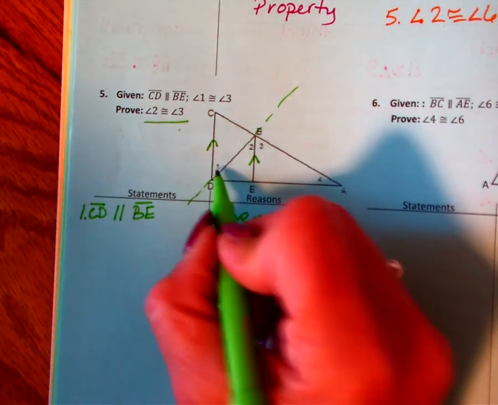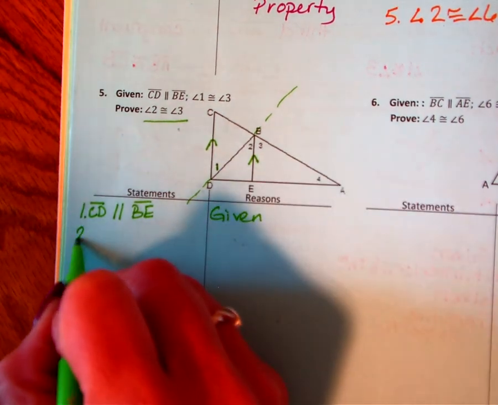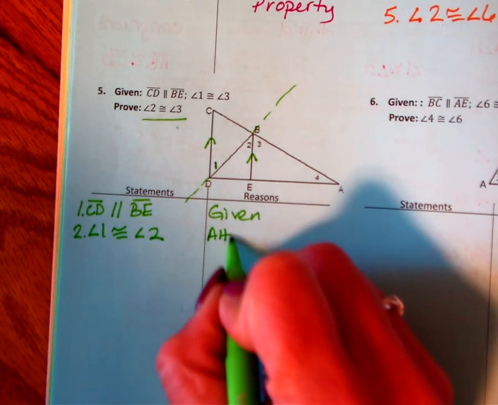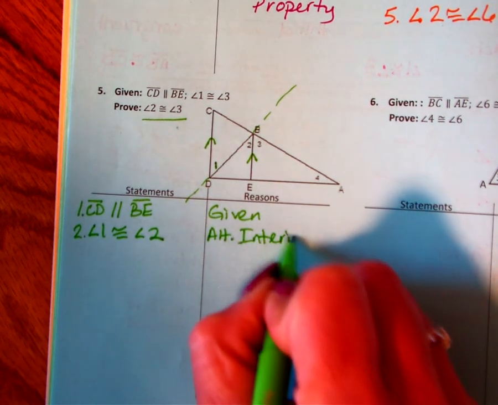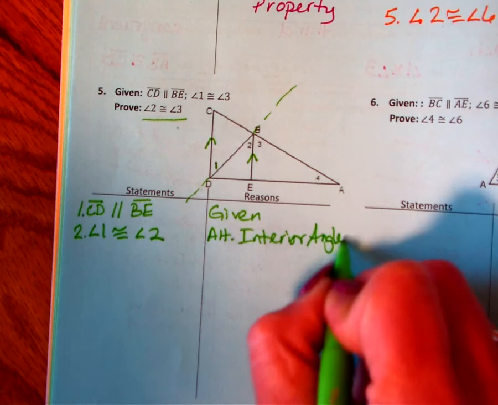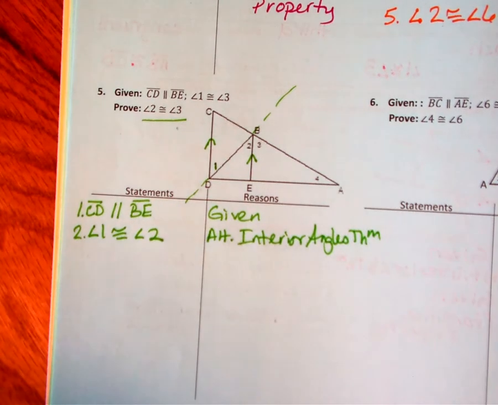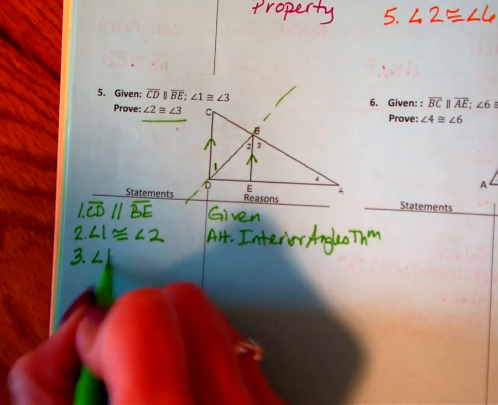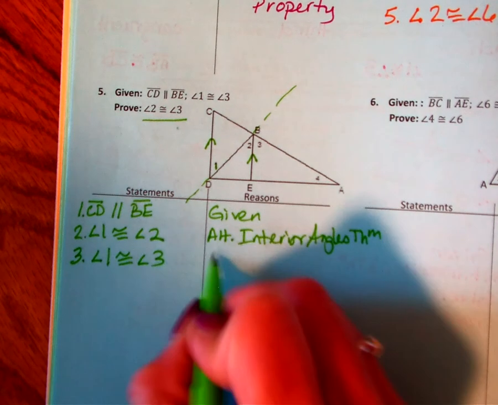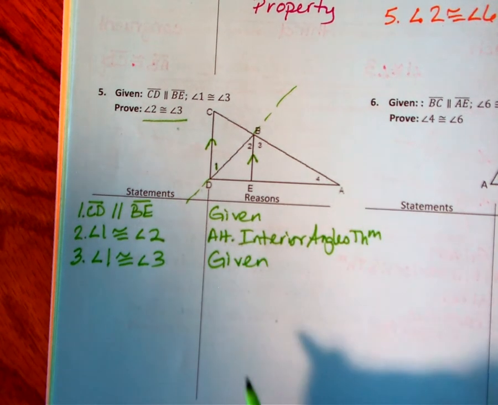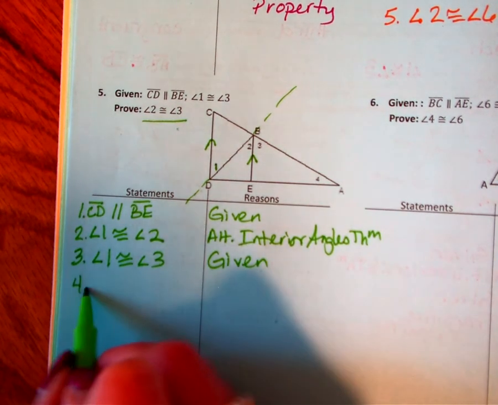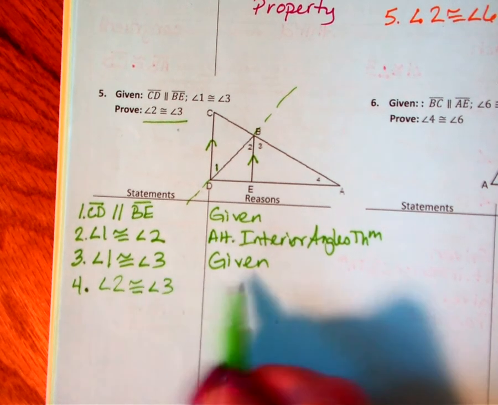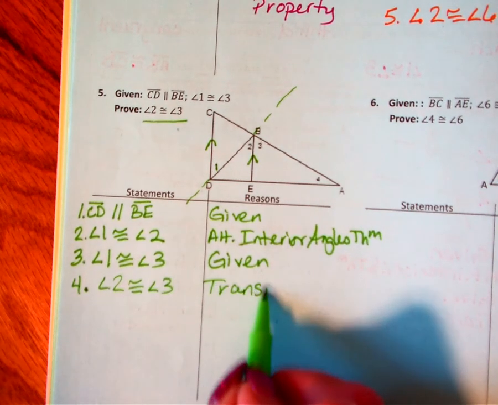Okay, so we can say angle 1, that's kind of hard to see, and then there's angle 1 is congruent to angle 2 by alternate interior angles theorem. Okay, next I'm given angle 1 is congruent to angle 3. Again, it was given, which means I can now say angle 2 is congruent to angle 3 because of my transitive property.